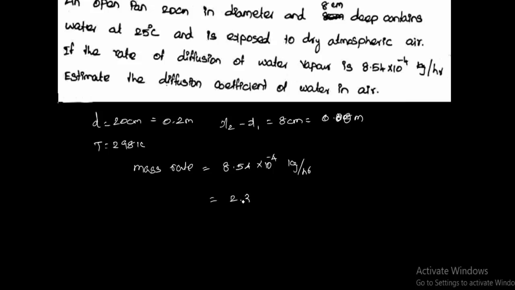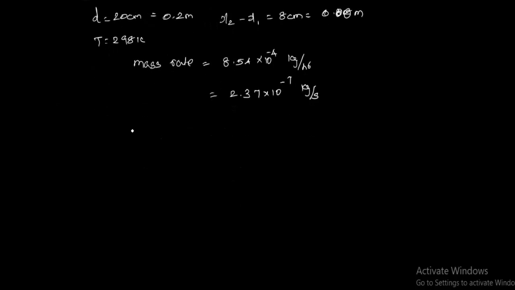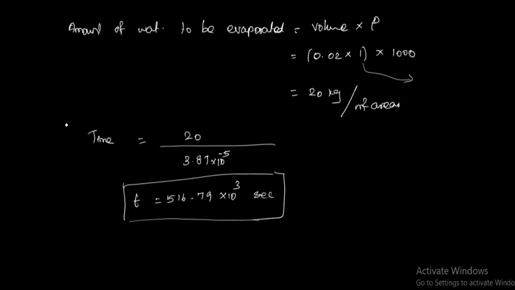So this is 2.37 into 10 to the power minus 7 kilogram per second. Then estimate the diffusion coefficient of the water. It is given in the reverse direction, right? So first, you know the mass flow rate and you have to find the molar rate, that is MA divided by A. You know the formula for MA divided by A.